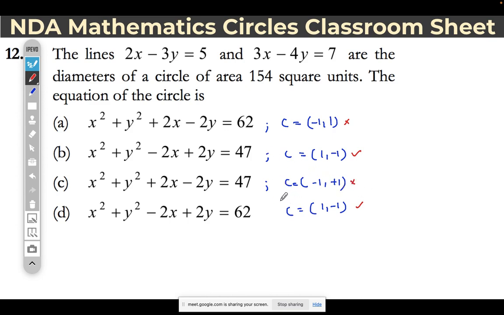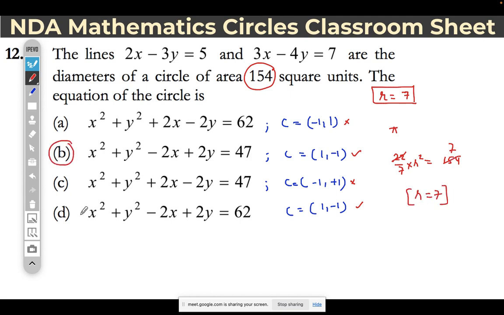These two are possible. Now, to have this much area, the radius should be equal to 7. You know it from childhood. Pi, which is 22 by 7, into r square should be 154. So r should be 7, right or not? When I calculate the radius of the first circle, that is B, it's root of 1 plus 1 minus of minus 47.